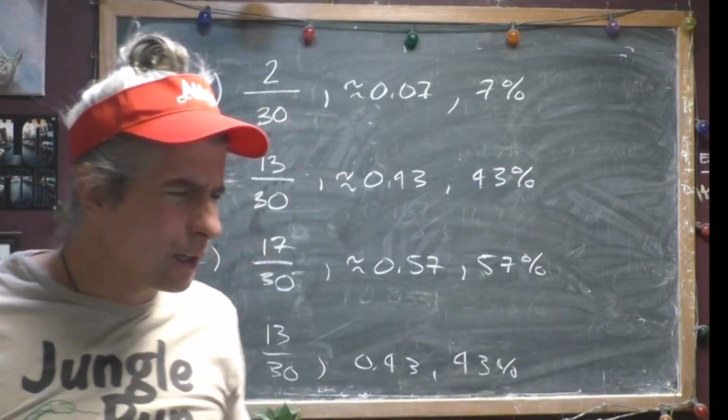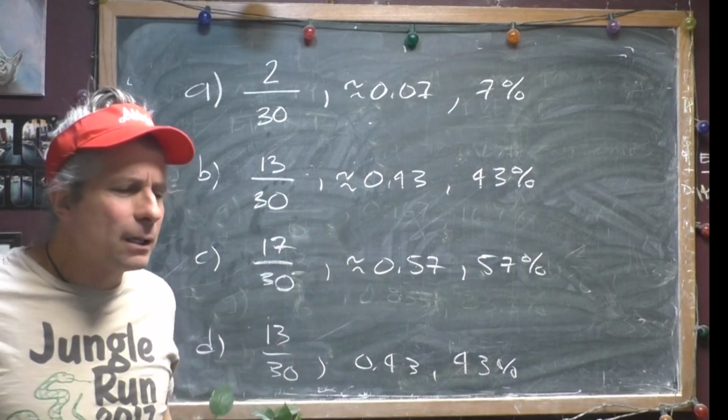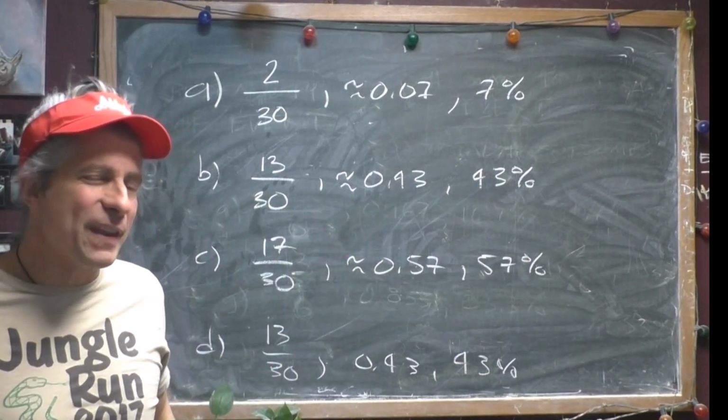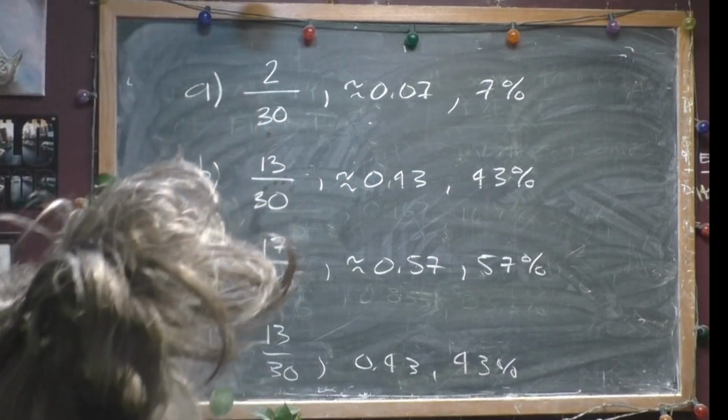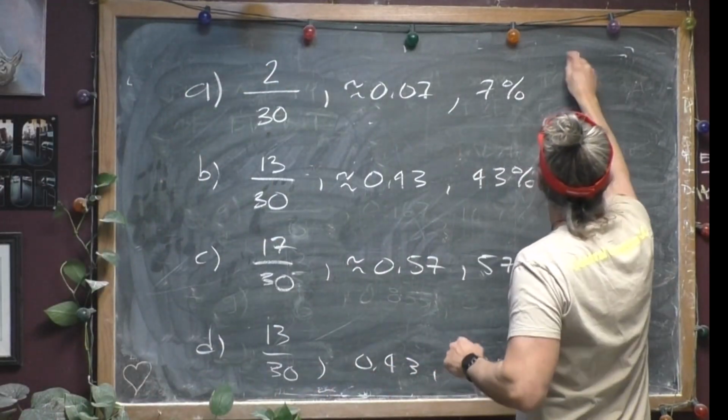Now, part E asked: do your experimental probabilities, what we just did, match the theoretical? So I'm going to remember the theoretical ones and put them over here in pink.